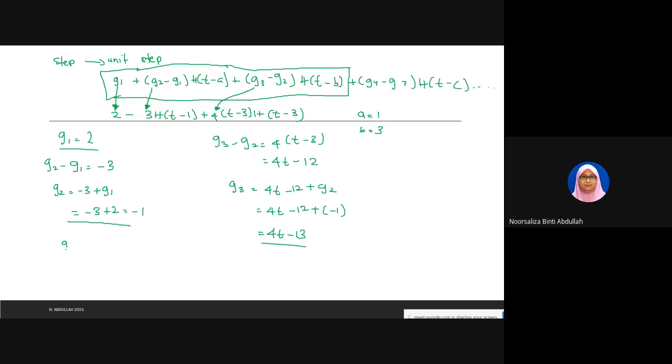It will be g1, g2, g3: g1 from 0 to a, g2 from a to b, and g3 for t greater than b.